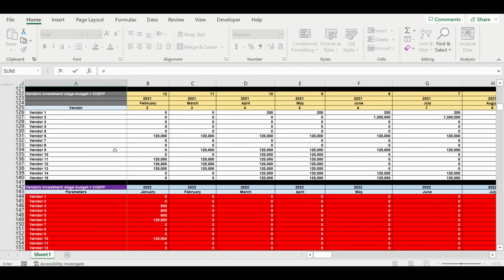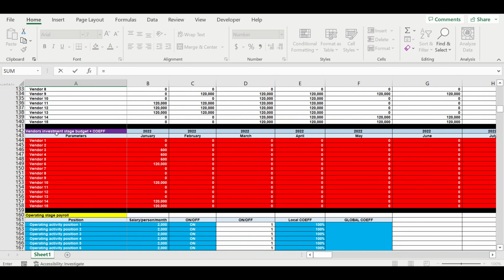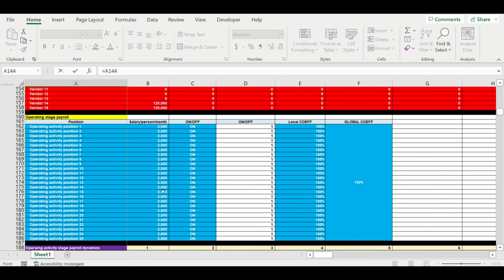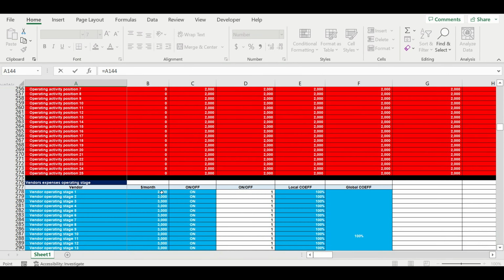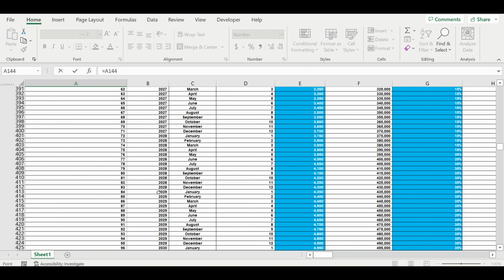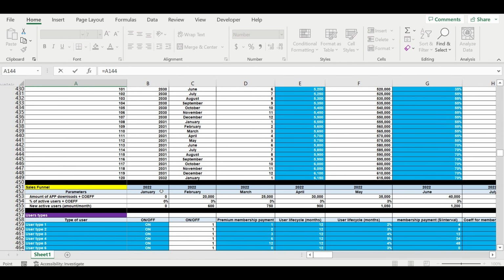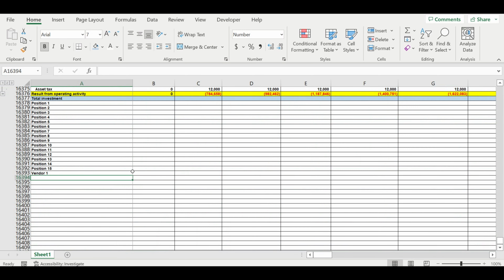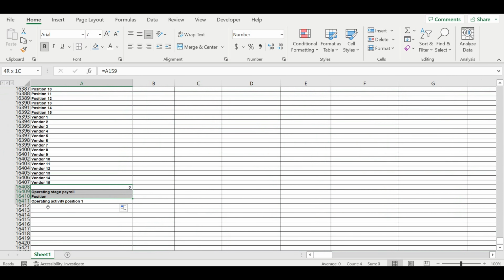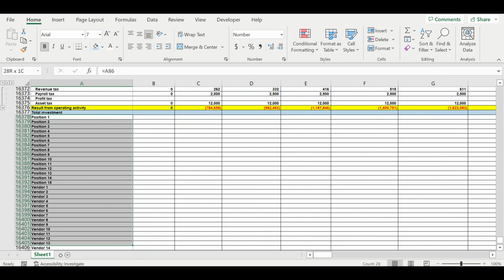So these are vendor expenses during the investment stage. So we need these numbers also. I guess all the other expenses are from operating activity. Now we are extrapolating this data to the right.